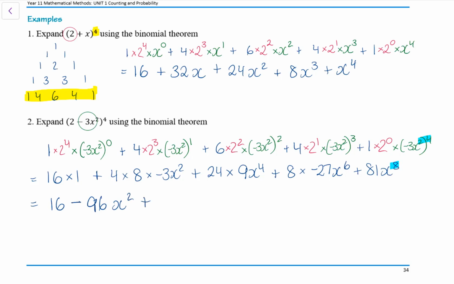Then we're going to have a plus because there's no negatives here. 24 times 9 is 216 and our power is x to the 4. Then it's going to be a minus now, 8 times 27 is minus 216, x to the 6, and then we have plus 81x to the 8. And that is done. Okay, much easier way of doing it than using the formula.